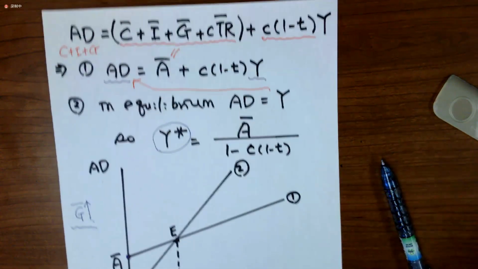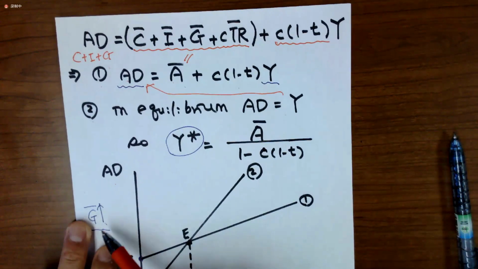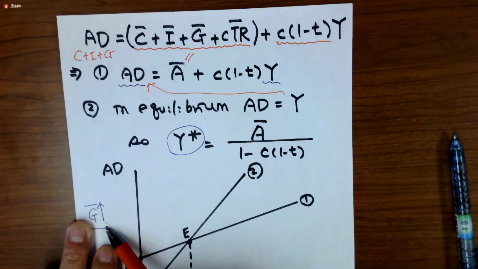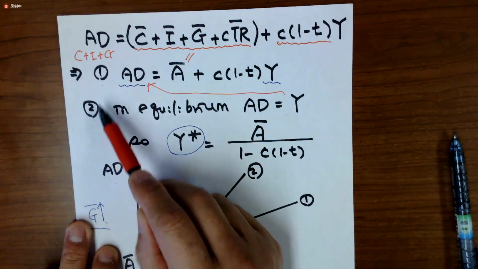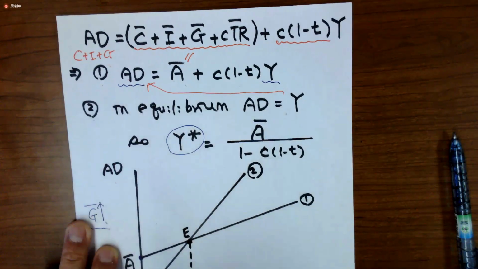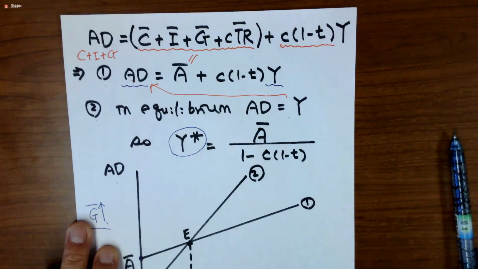So question for you. When there's an increase in government spending, does that affect equation 1 or equation 2? What do you think? Does it affect both?